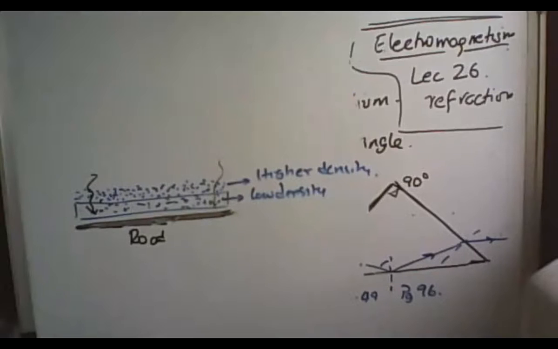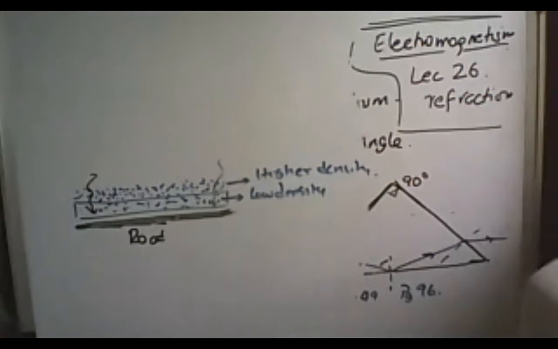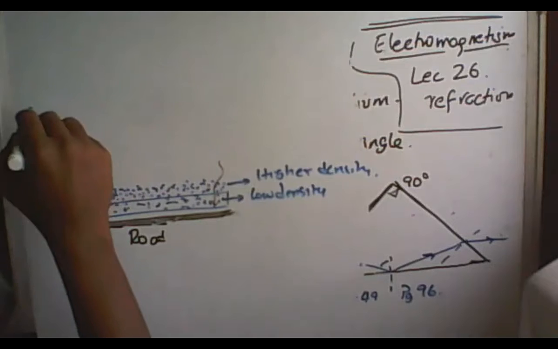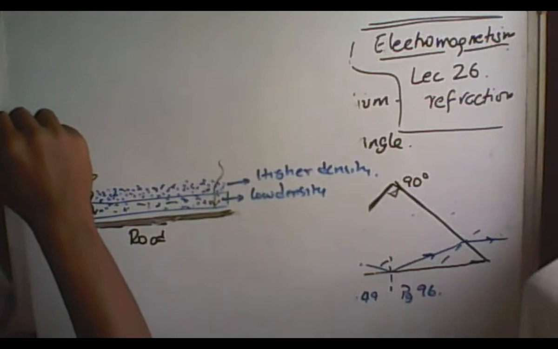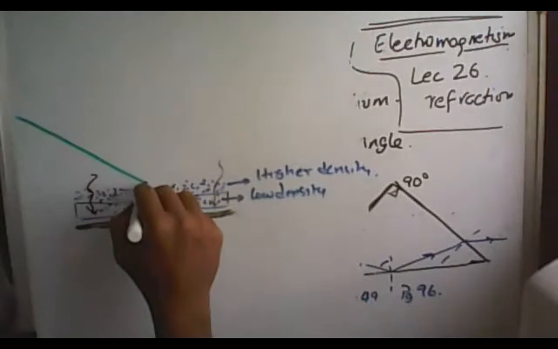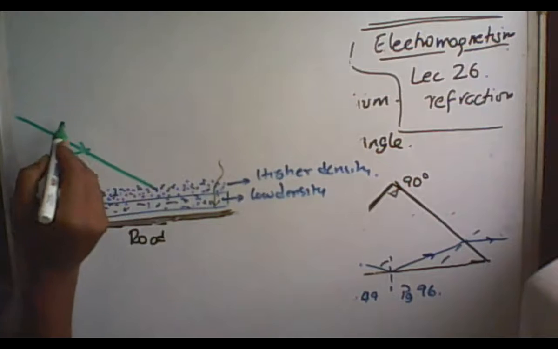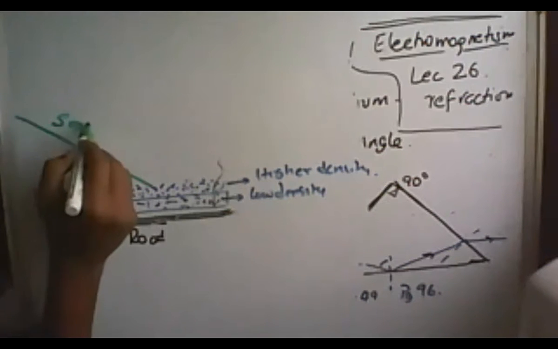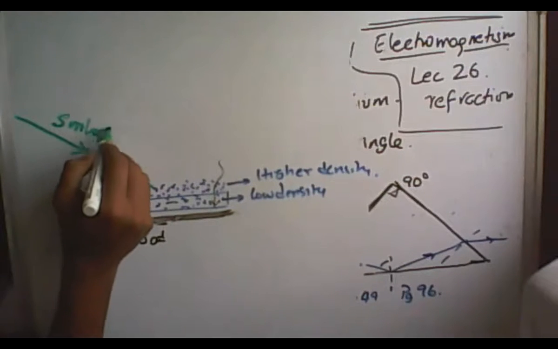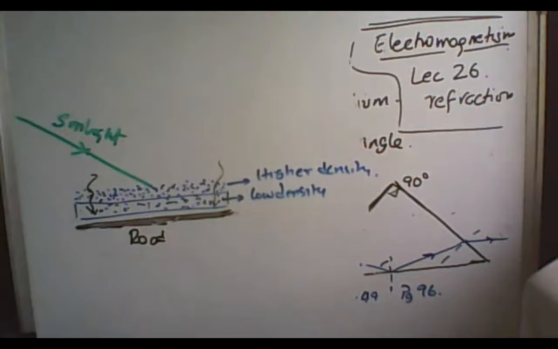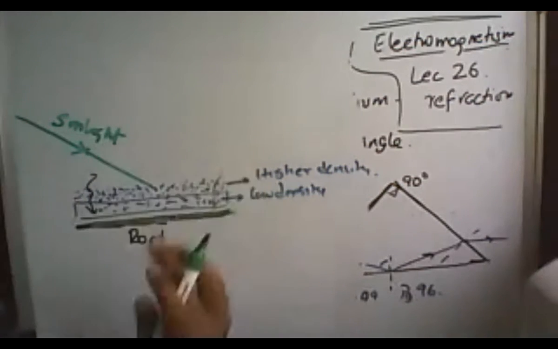Now there is incoming solar radiation from, let's say, from here. This is light that is coming from the sky, so it's mostly blue light, because of the scattering that takes place, but I'll come to that later.